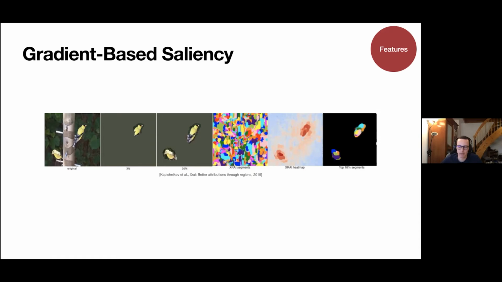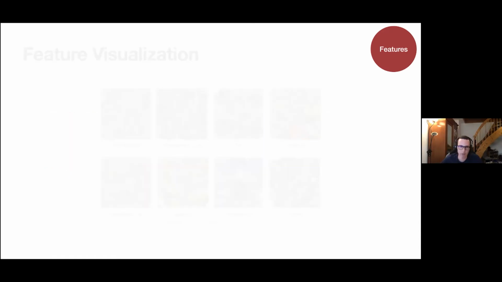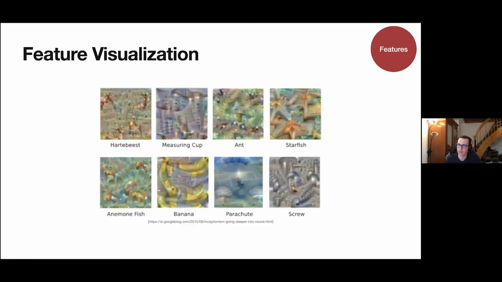And if we go one step further than just calculating the feature attribution, if we don't just calculate the gradient, but also apply it and do that iteratively, we can actually increase the activation of a certain neuron. So if we calculate the gradient, we know what we need to change to make this activation different, either higher or lower.